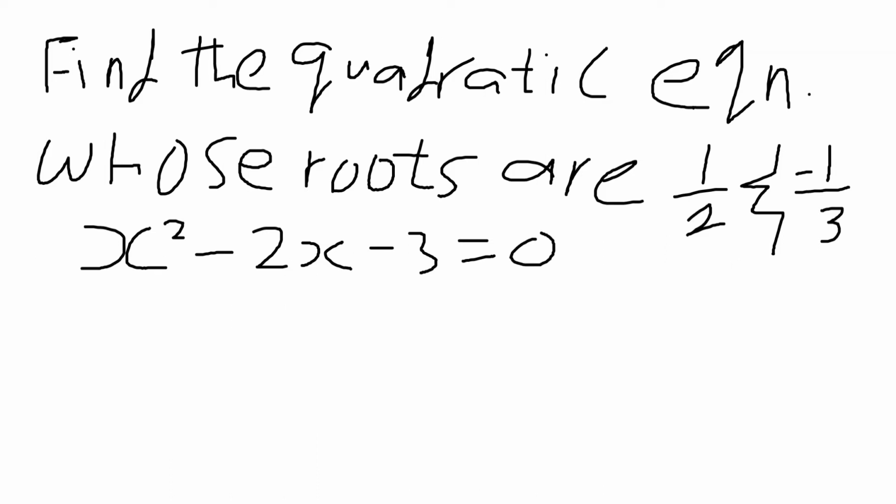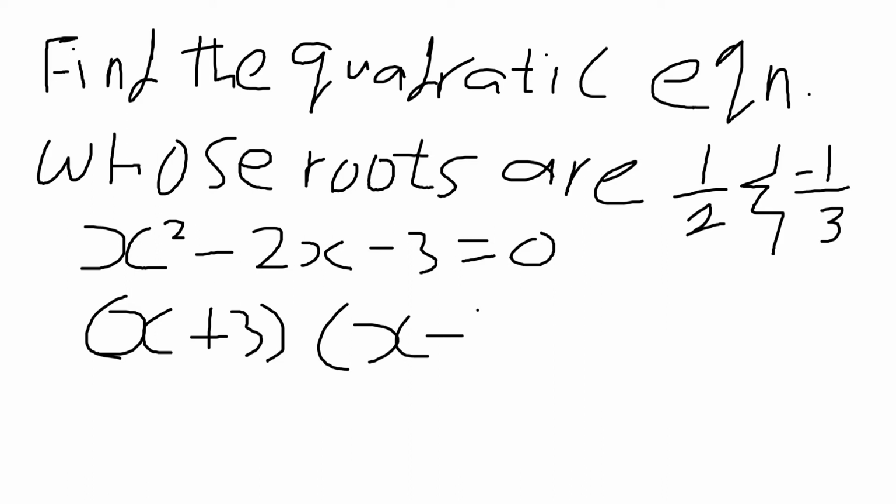So definitely we know that from the methods that we already talked about, if we solve this, it will give us x plus 3 and x minus 1 to be equal to 0, using the factorization method.